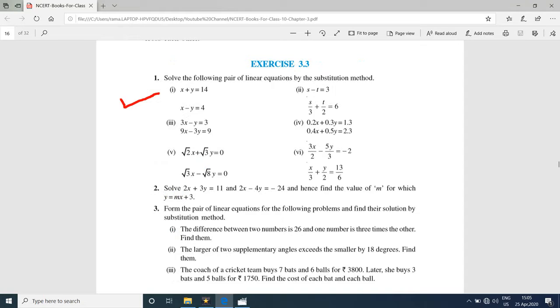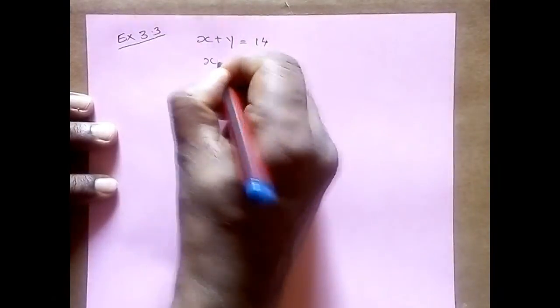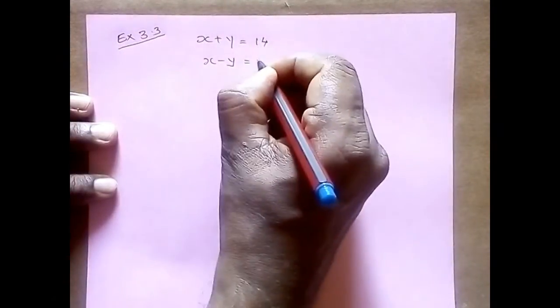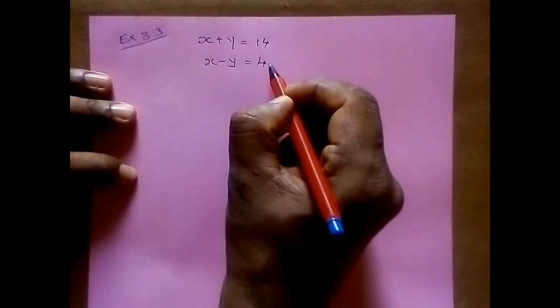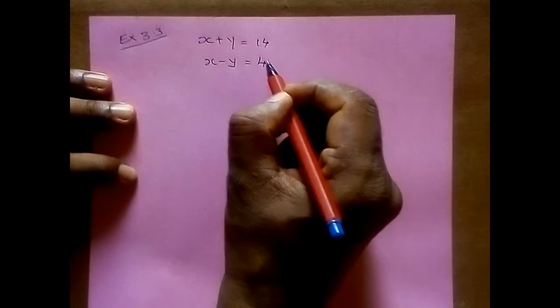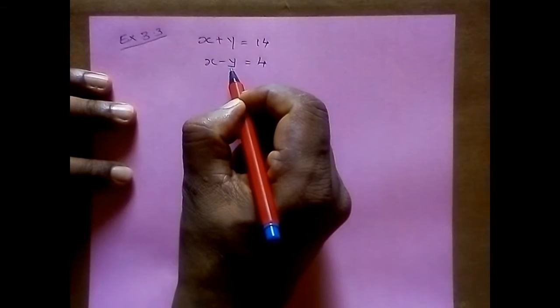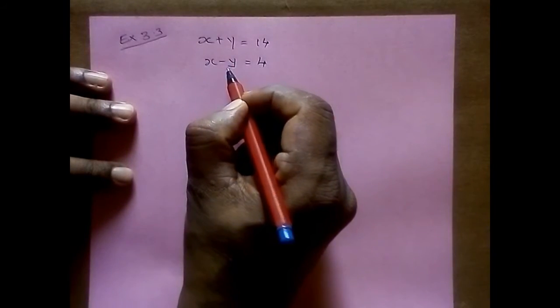Question number 1. x plus y equal to 14, x minus y equal to 4. So we are going to use the substitution method. In the substitution method, from any of these two equations, we will find the value of one variable in terms of the other variable.